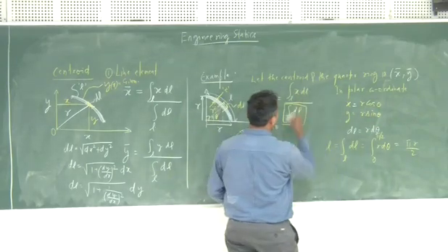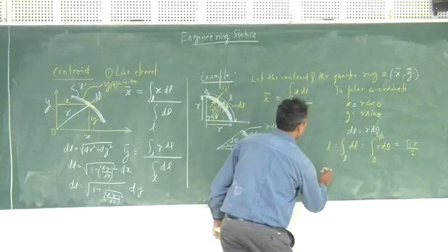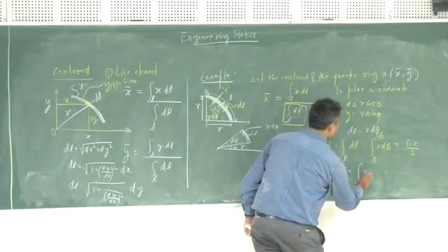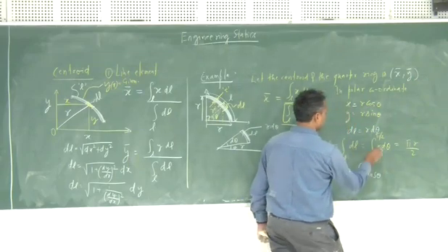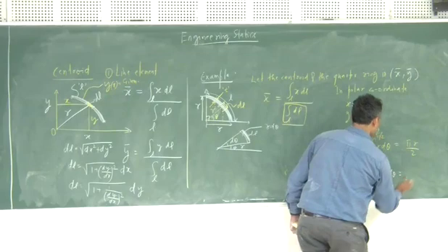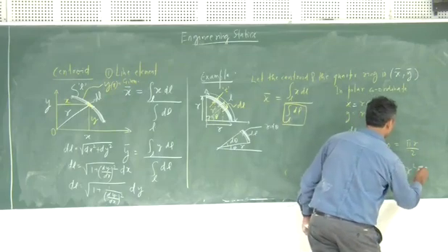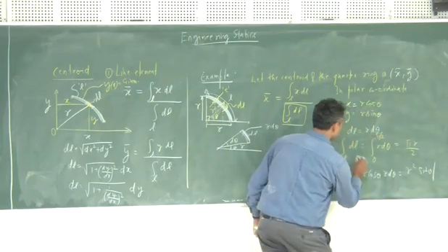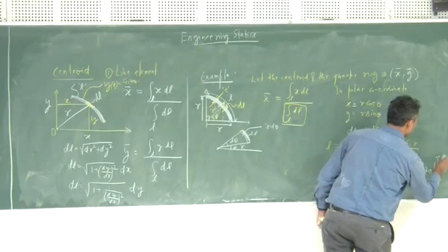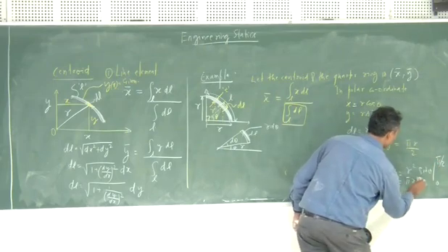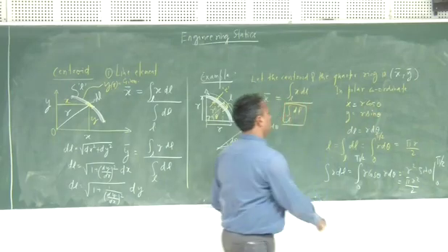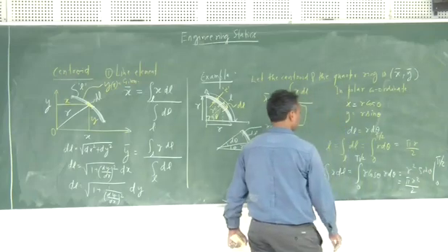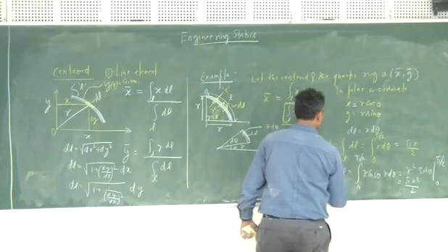Now you have to find the integral of x times dl, which is r squared cos theta d theta. So r squared times sin theta from 0 to pi by 2, which gives r squared.